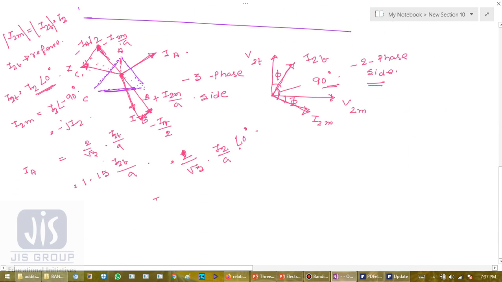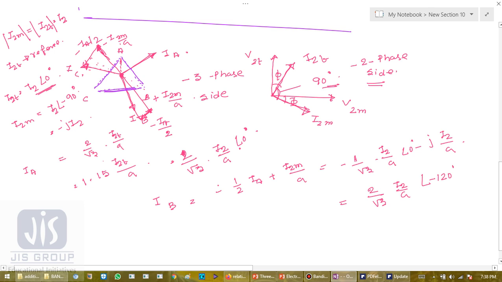So we will get the value of IB equals to minus half IA plus I2M by A. We will put the value of the angle, that is I2 angle 0 degree, so it will become minus 1 by root 3 I2 by A angle 0 degree minus j I2 by A. If we simplify this, it will become 2 by root 3 I2 by A angle minus 120 degree.